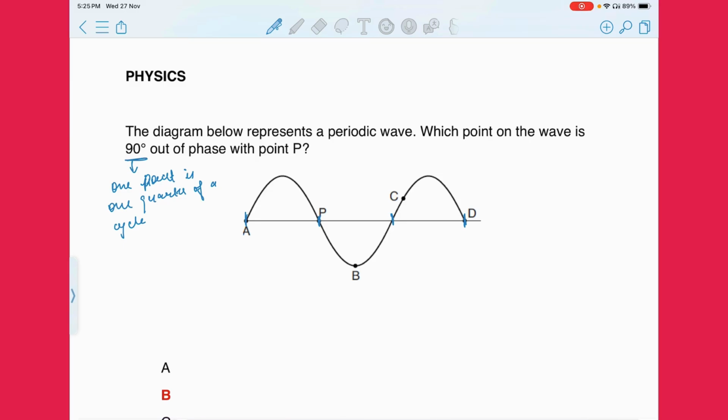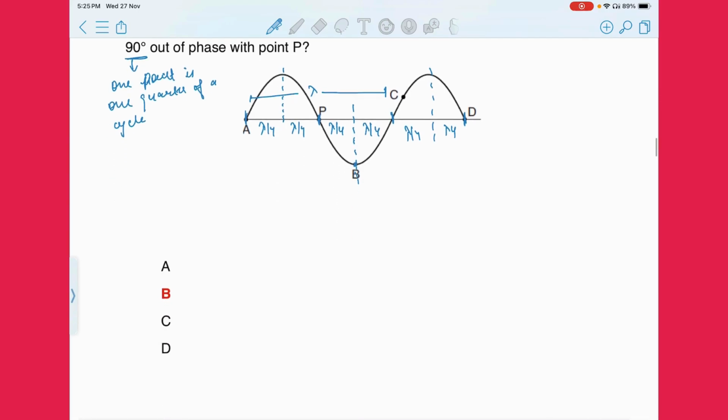If this distance is lambda, this distance will be lambda by 4. This will be lambda by 4, lambda by 4, and this will also be lambda by 4. So from the point P, the point which is a quarter ahead or behind is point B. So the correct option is option number B.